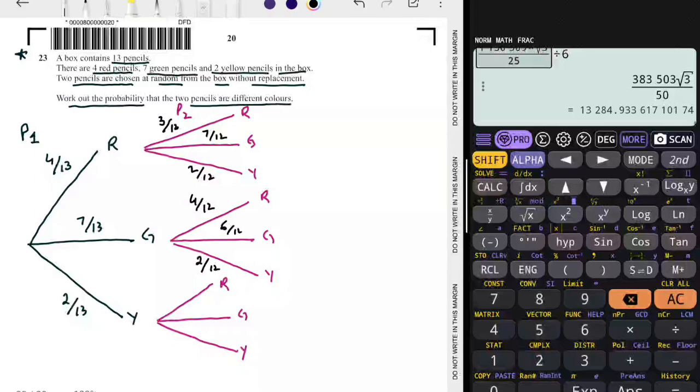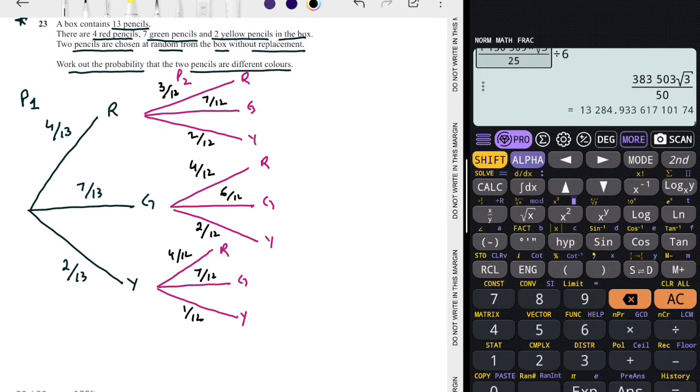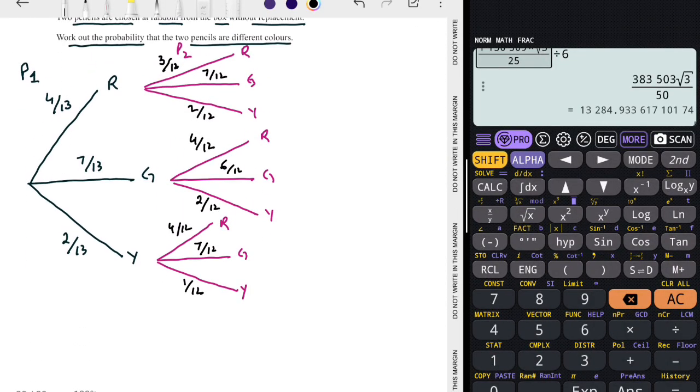For the last branch, we are going to put back the green pencil in the bag. So it will be 7 by 12 and red would be 4 by 12 and we have to take out one yellow pencil, so it will be 1 by 12. Now we have to find the probability of two pencils having different colors.